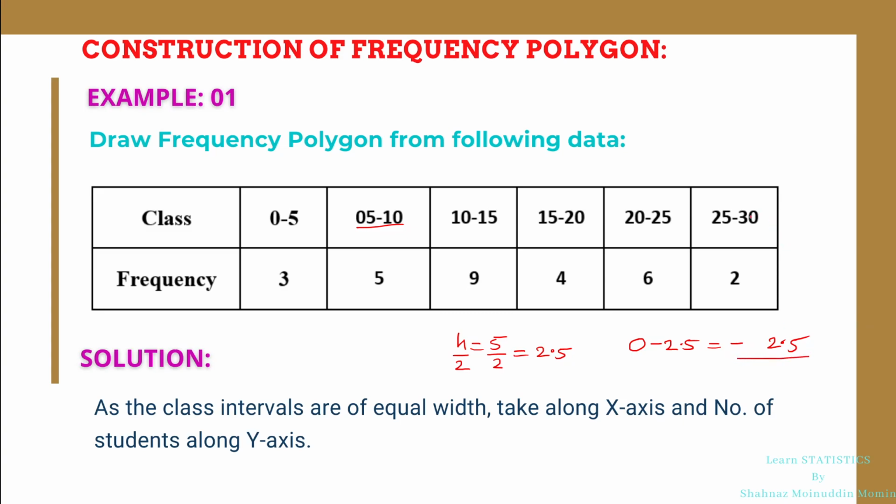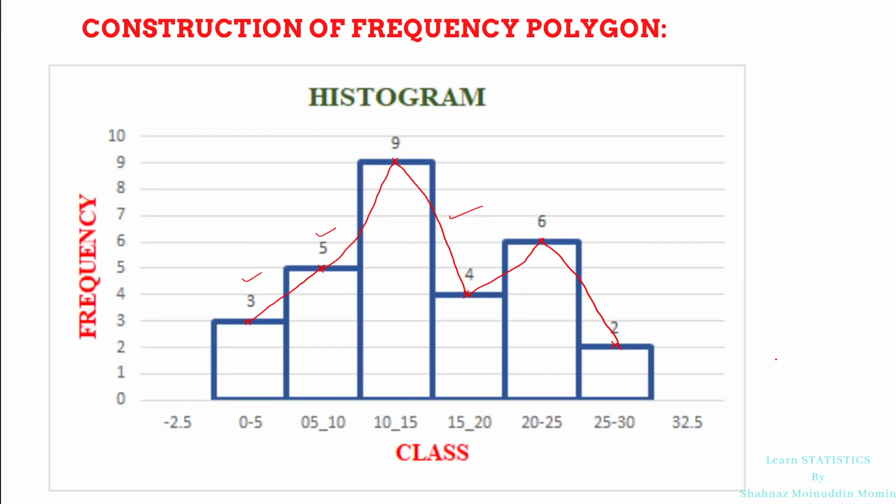And for the right side, we will extend the polygon after 30. So it is 30 plus 2.5. Hence it is 32.5. Here look at the graph.